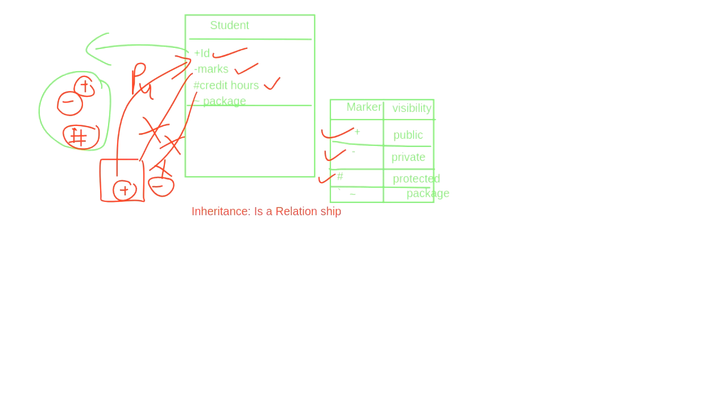Inheritance is called an is-a relationship. Let's take an example of a mobile phone. You have a mobile phone, your old phone. So let's take, you have one class called old phone.